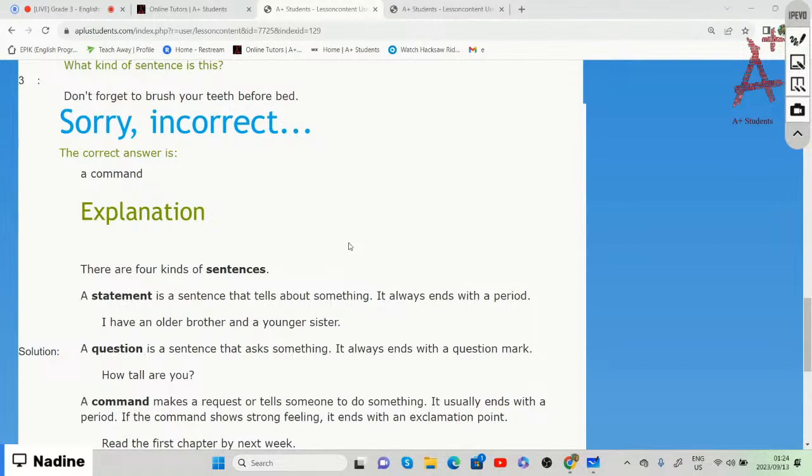A question ends with a question mark, and an exclamation ends with an exclamation point. So, don't forget to brush your teeth before bed. This sentence is a command. It is basically telling someone to do something. It's more like reminding them, but it is telling them to do something. And this is a command.